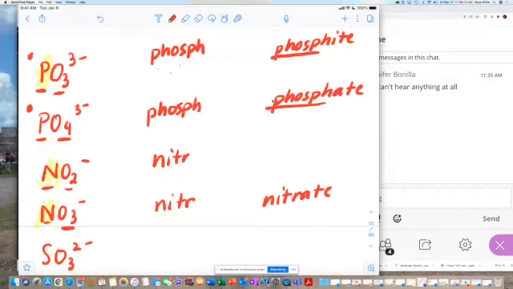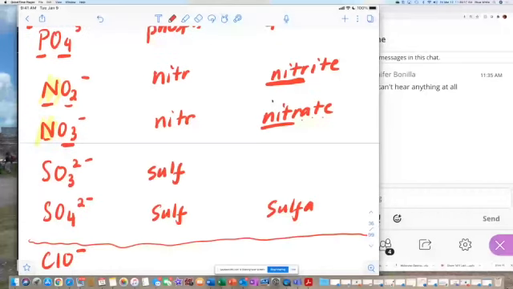Once again, we added ATE to the one that has more oxygen. And then this would be nitrite, the one that has less oxygen. And then here, the bottom one, the stem in this context is sulf. So here, this would be sulfate and then sulfite.